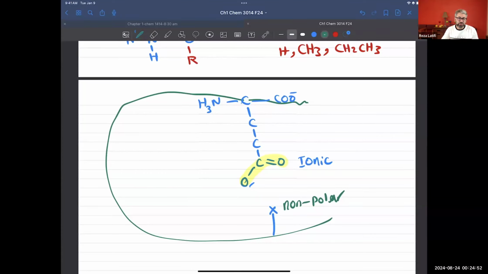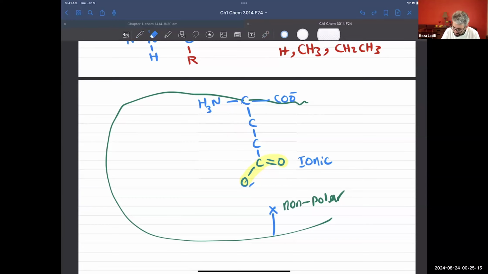Now, if you change this amino acid to this one, take this yellow group and get rid of that one, and the carbon that I deleted, I'm going to put it here. I'm going to attach it to that one.